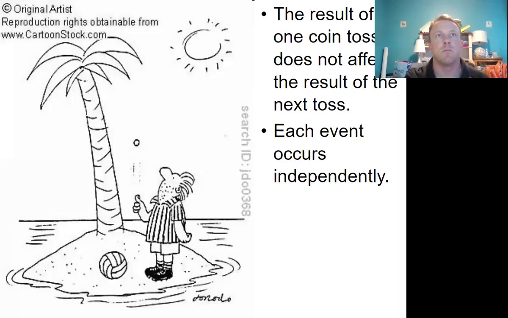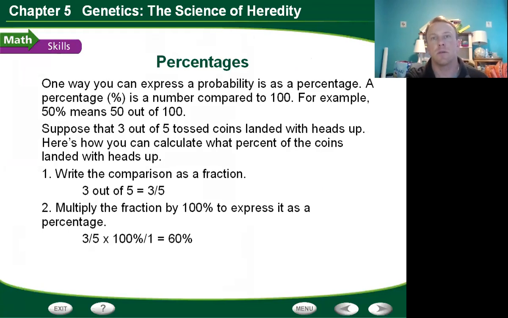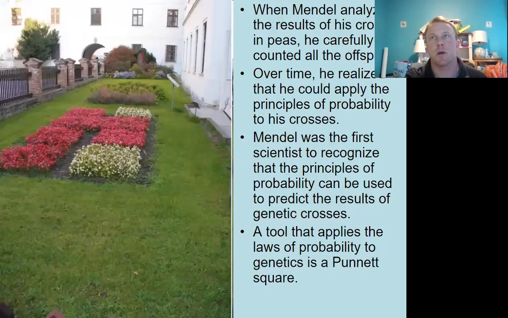So here we go. The result of one coin toss does not affect the result of the next. They're independent. Each event occurs independently. Genetics, not always. Okay, so we'll skip the math. When Mendel analyzed the results of the crossbred plants, he carefully counted all the offspring.